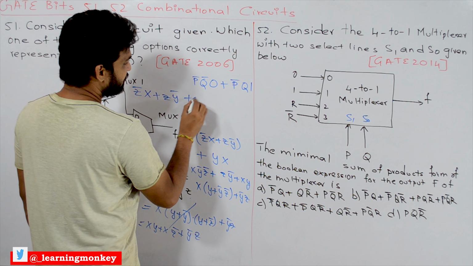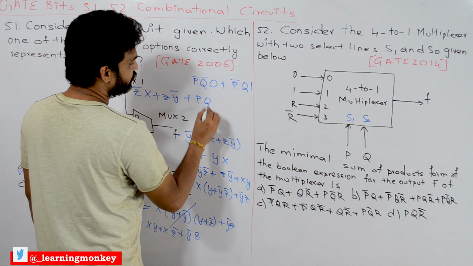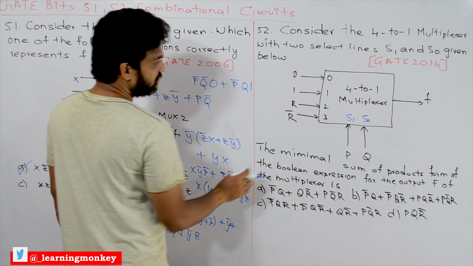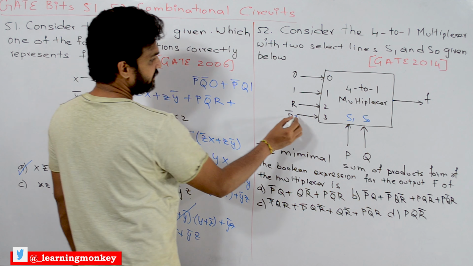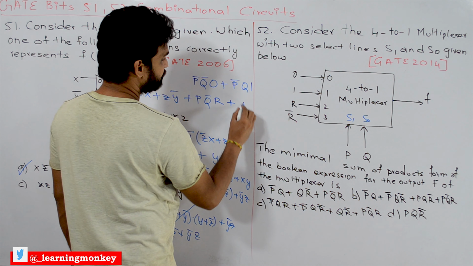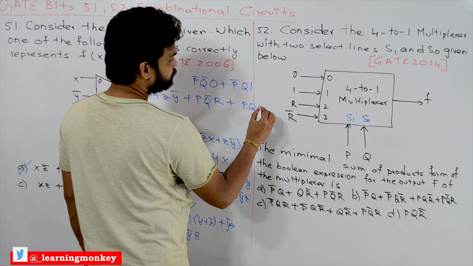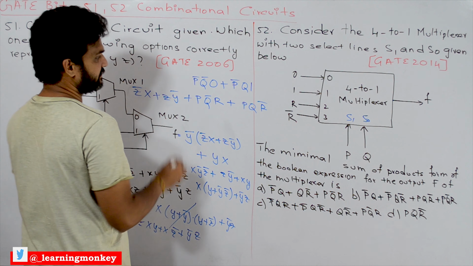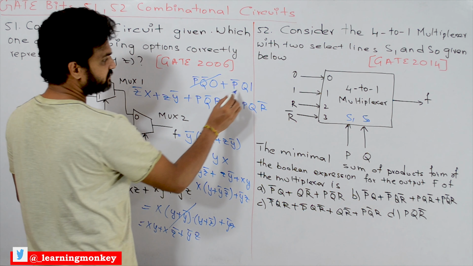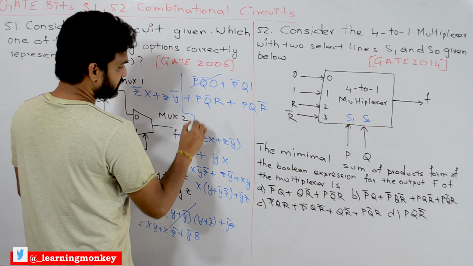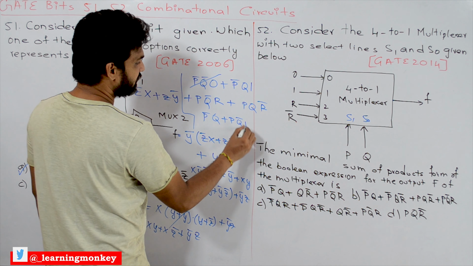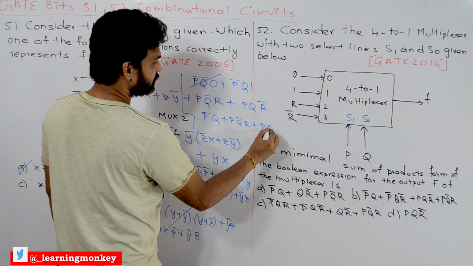Similarly, whenever the value is p q bar, the second input gets selected, which is R, and for pq, R bar gets selected. So this is 0, and the expression is p bar q plus p q bar R plus p q R bar, but we have to minimize this.